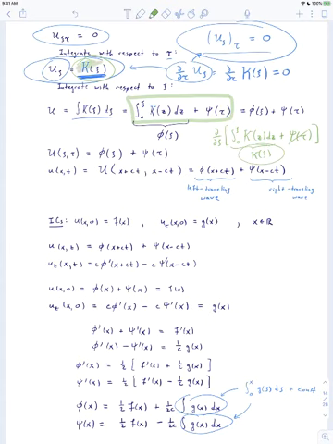It's this term right here. That's that term right there.